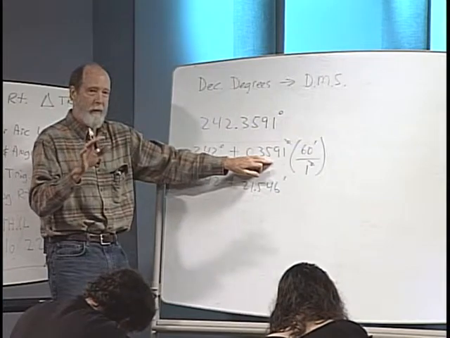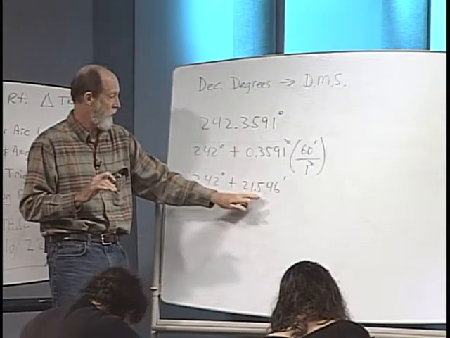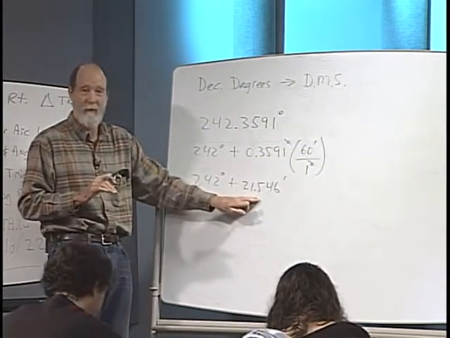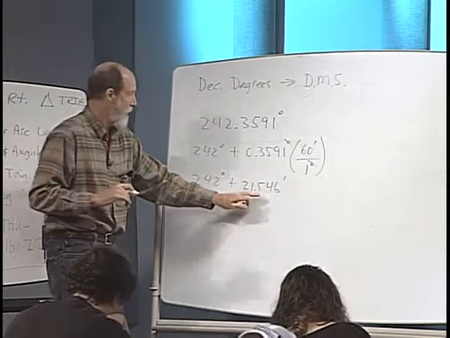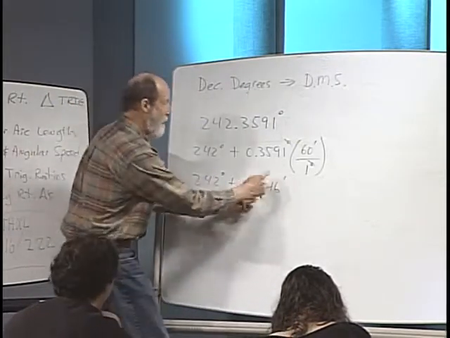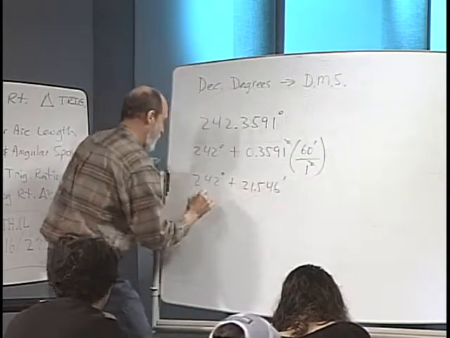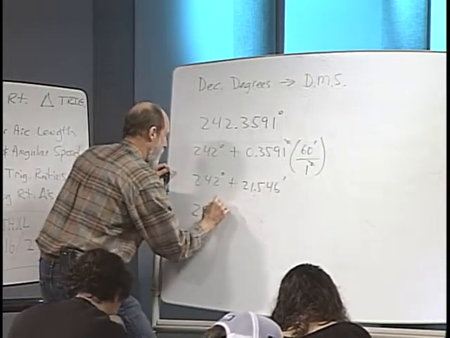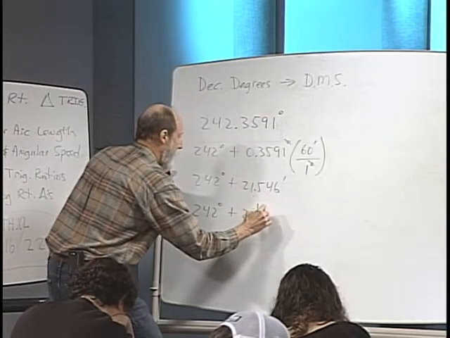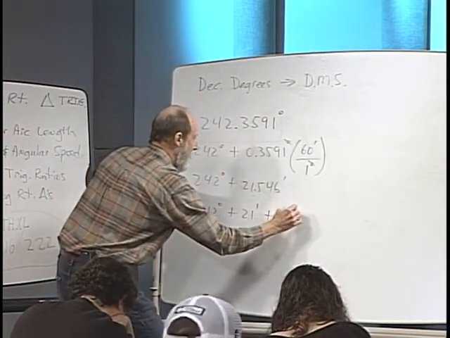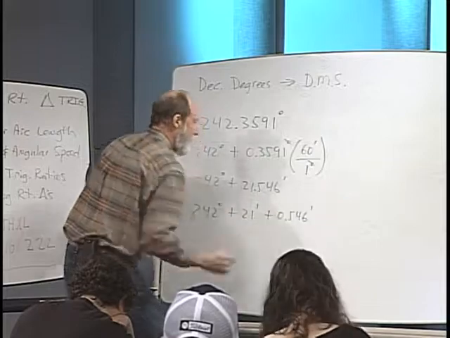A third of a degree would be 20 minutes, so we're expecting a little more than 20 minutes here, which is what we just got off the calculator. Now, we want more accuracy, so we take the decimal portion remaining in the minutes, so we have 242 degrees plus 21 minutes plus 0.546 minutes.